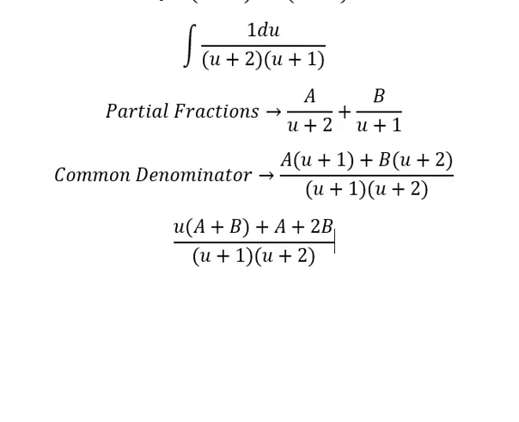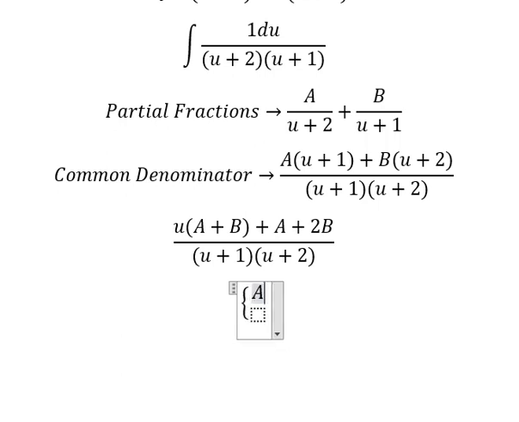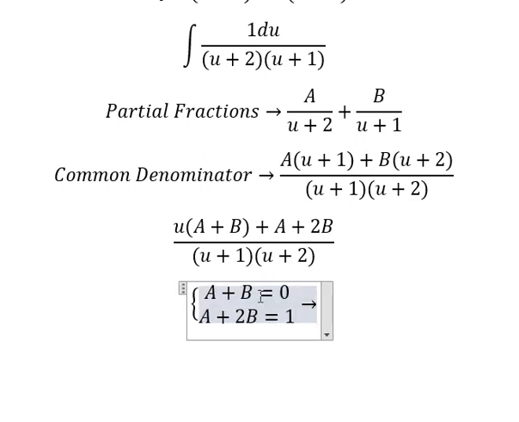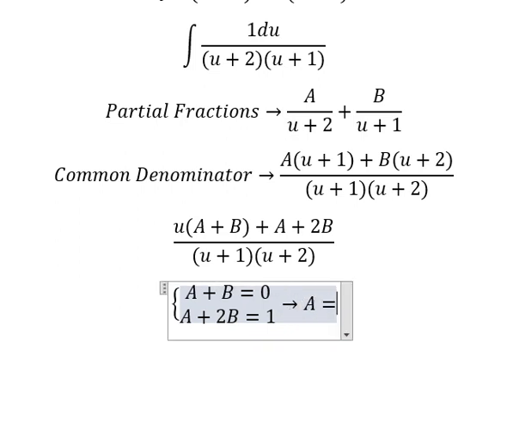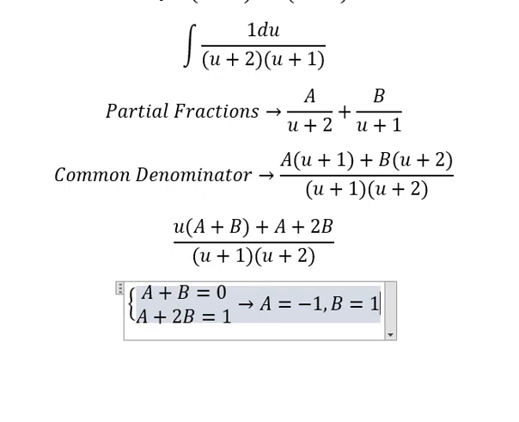And now we create the system of equations. So we can find the solutions of A and B. So we have A equals negative 1, B equals positive 1.